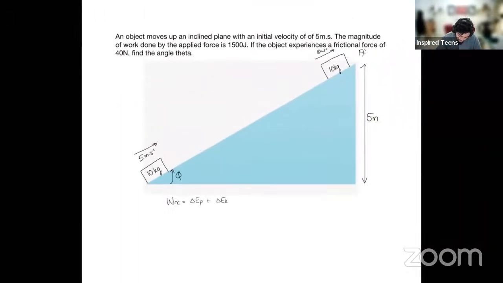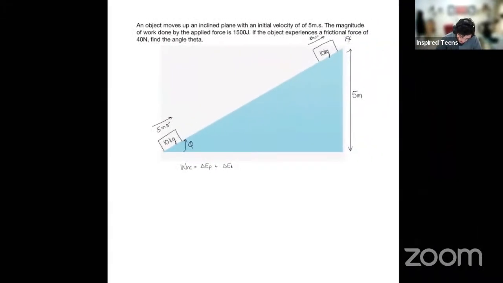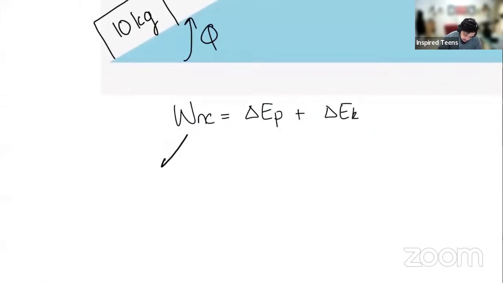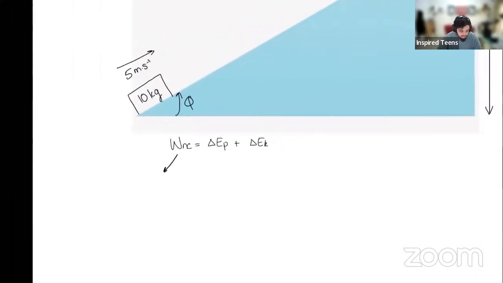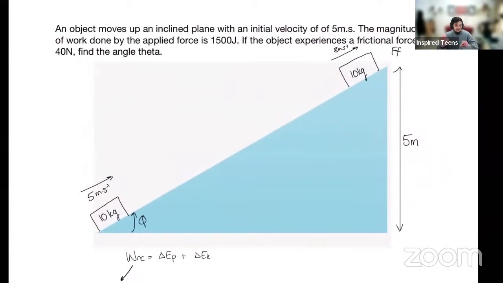Actually, I'm going to draw the bigger thing. In this case, let's open up our formulas. Let's open up WNC. Now tell me, what are the non-conservative forces acting on this object?